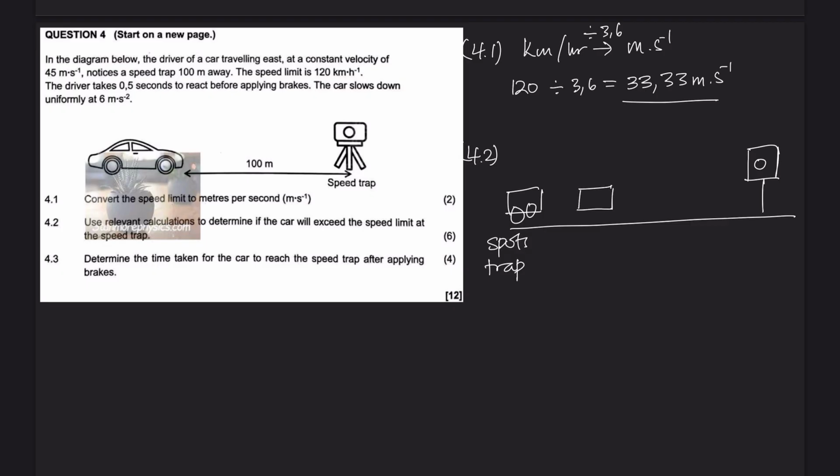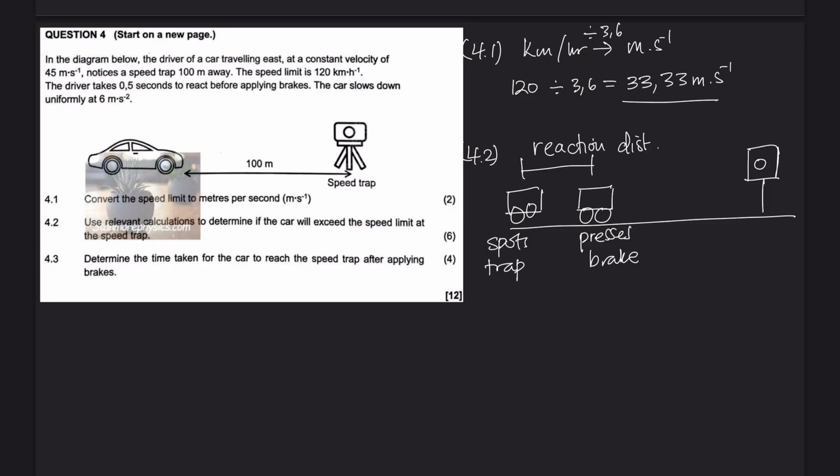And in that time, he's actually moved. He was here, and this is where he's pressing the brake. So this is called the reaction distance. And it's important to remember that during the reaction distance, the velocity does not change.